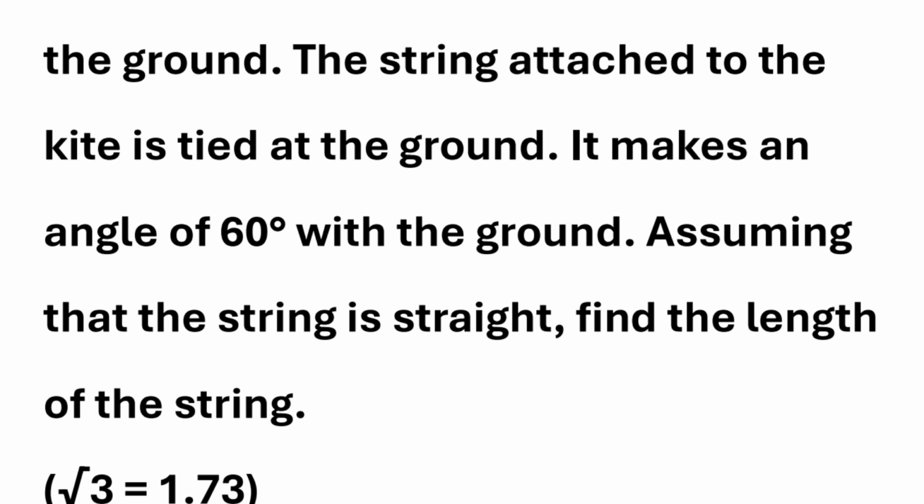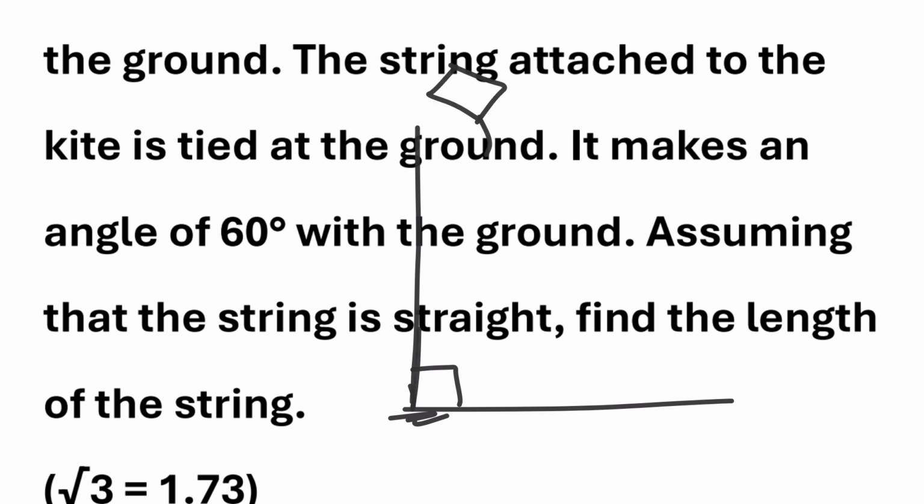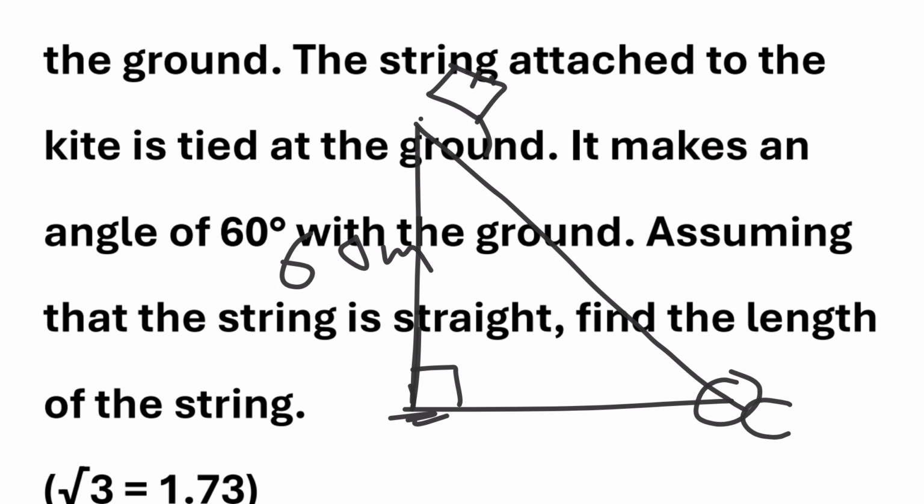Now here, suppose this is ground and from this point on the ground, the kite is here, okay, at height of 60 meter. Now the string that is attached to the kite is tied at point C on the ground.